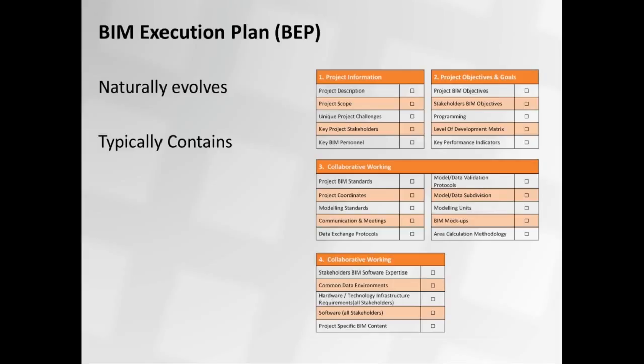So project scope, description, key stakeholders, personnel, the key performance indicators that we're going to use to evaluate the quality of all of this, how we are actually coming together, and what standards are we using in terms of modeling, what type of protocols are we going to agree and use, and so on, units and such. But a lot of information comes at this soft end of the collaborative working that might seem trivial, but actually takes a lot of negotiation to clarify.